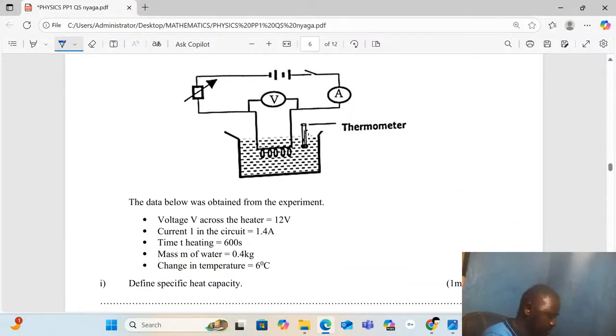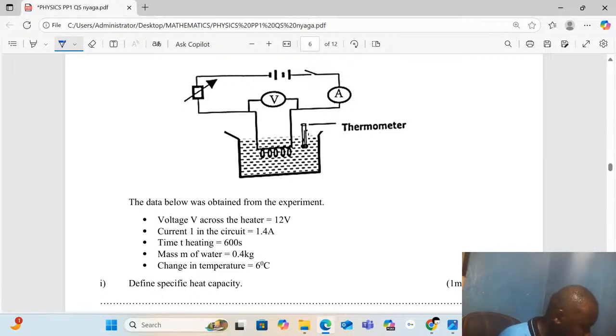We still continue with this one. We have this electrical method of determining the specific heat capacity, as per our diagram.